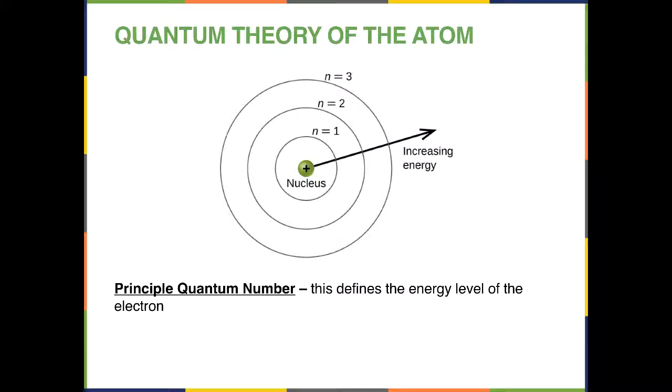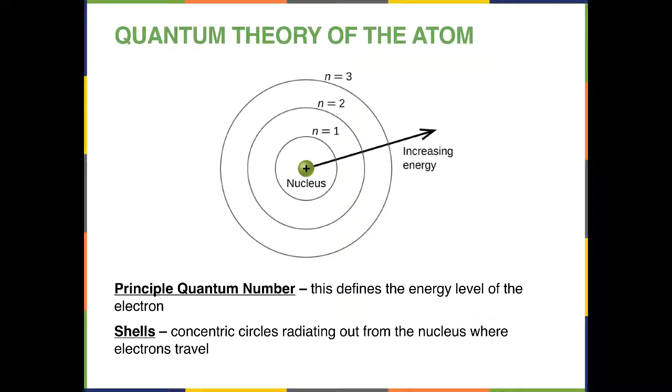And as you move out from the nucleus, the principal quantum number goes up, and the energy level of the electron that's associated with that principal quantum number goes up. These represent something called shells of electrons, and these are concentric circles of electrons, or electron paths, if you will, that radiate out from the nucleus that represent the area where you may find particular electrons with particular energy levels.